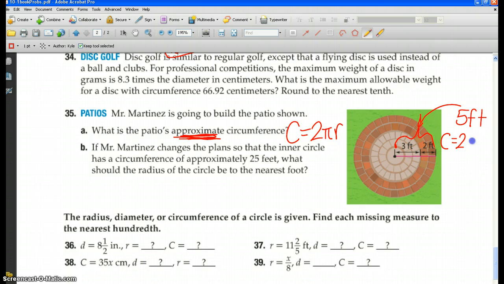So 2 times pi times 5. Let's take 2 times 5 first, which is 10. So we have 10 pi, which is approximately 31.42 feet. So that would be part A.